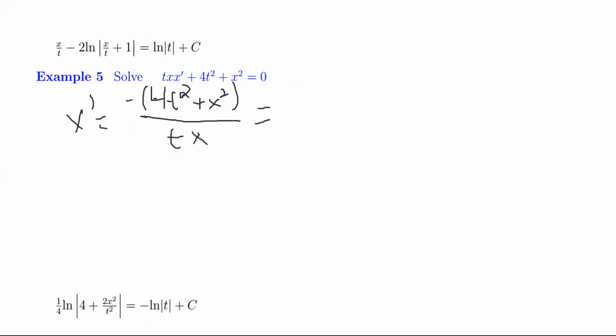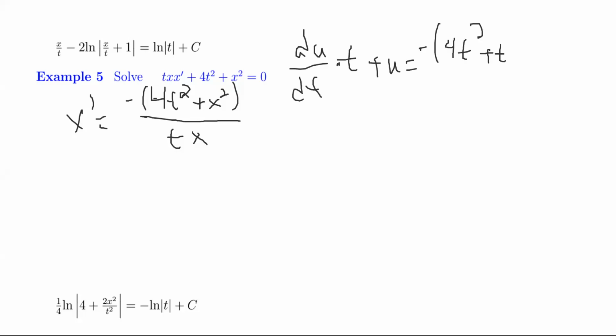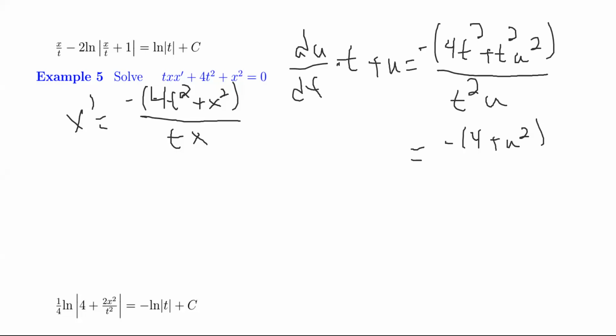And so this becomes du/dt times t plus u is equal to negative 4t squared plus t squared u squared all over t squared u. Factor out a t squared everywhere. All of those should cancel. So this right-hand side is actually negative quantity 4 plus u squared all over u.